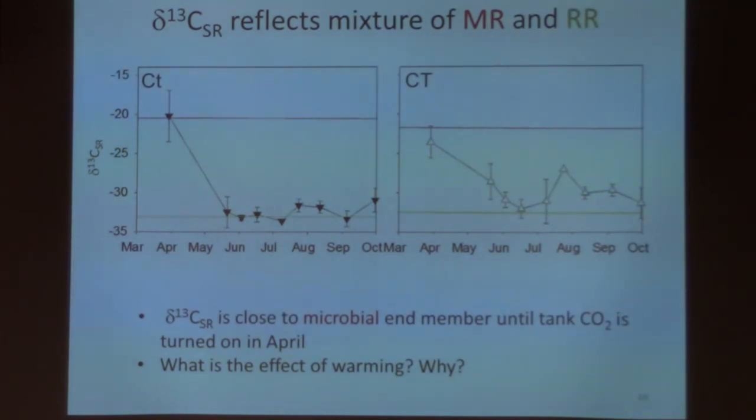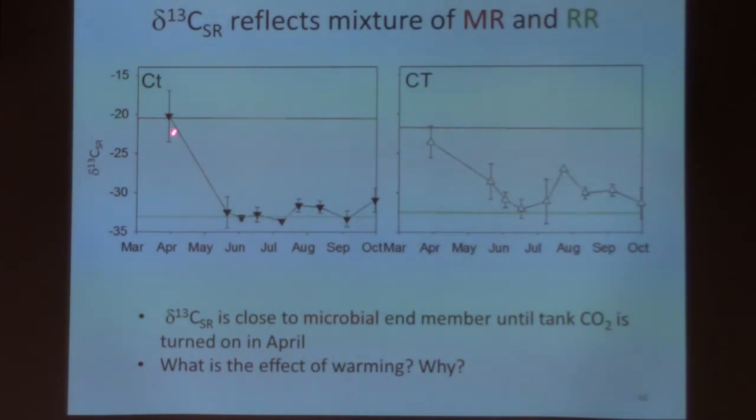Okay, and so that's what I'm plotting here, the delta C13 of soil respiration in the elevated CO2 ambient temperature and elevated CO2 warmed plots. In early April, the red line is microbial and the green line is the root end member. I just left the error bars out for simplicity.